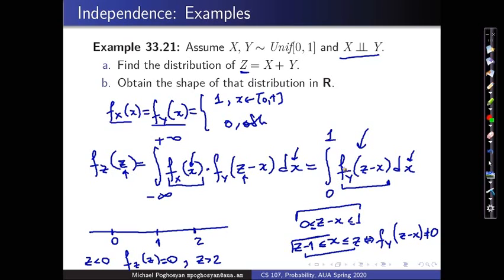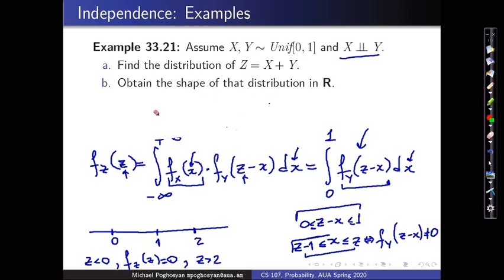So I will have 0 here. So f of z is 0 if z is less than 0 or z is larger than 2. Now let's consider the cases where z is between 0 and 1, and between 1 and 2.